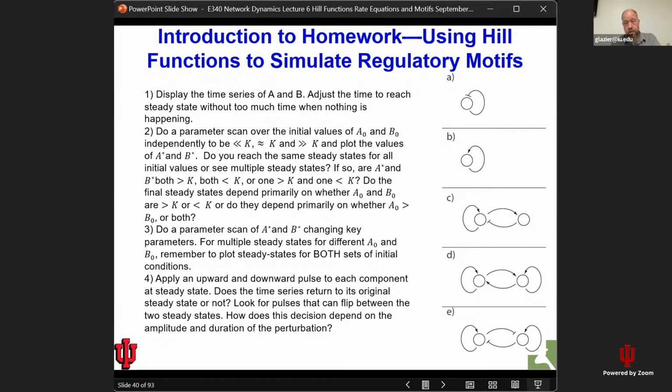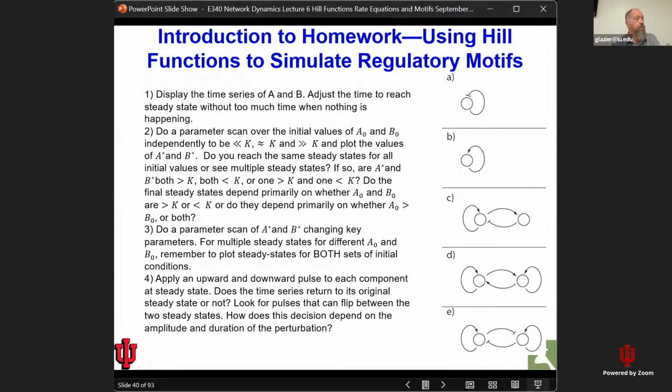In reality, of course, they're more complicated than that, but these are the cores of these systems. And he asks you to think about these circuits and describe what they do. Based on this, I created a homework problem, which asks you to not only think about what they do, but write a small simulation to analyze what they do.